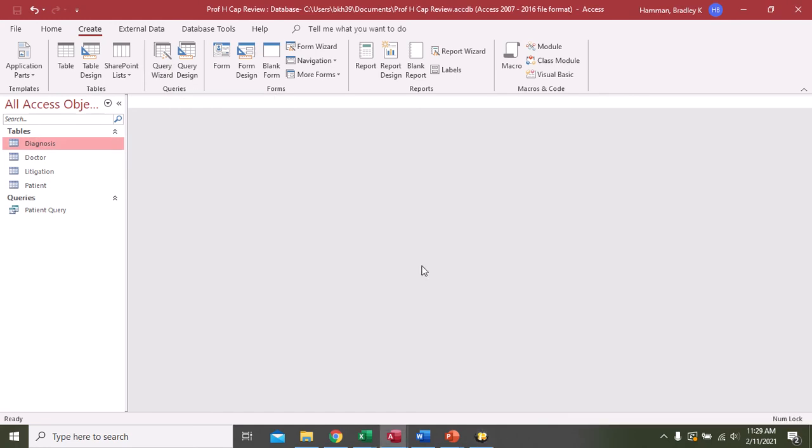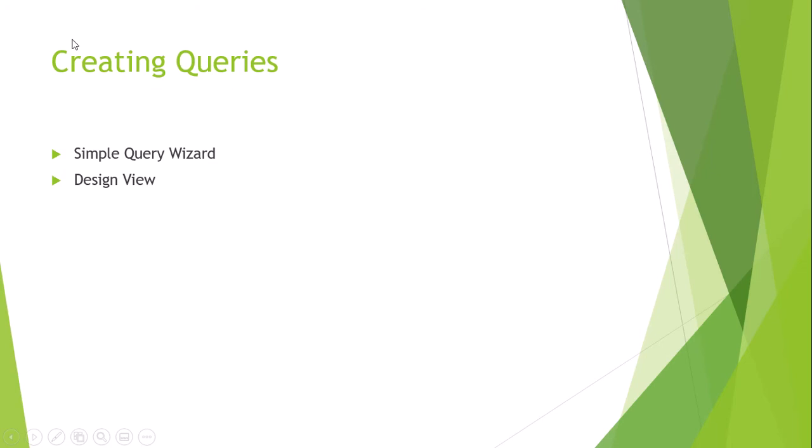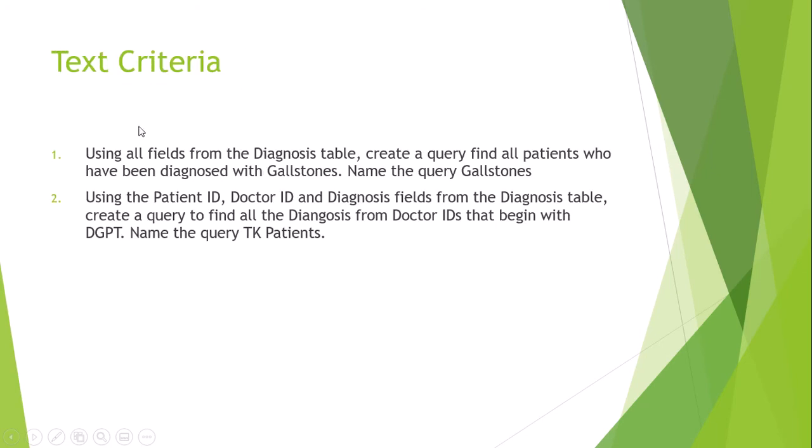Okay. Going on, after we've learned when we can utilize Query Wizard and Design View, now what we're going to look at and start with is learning about text criteria.